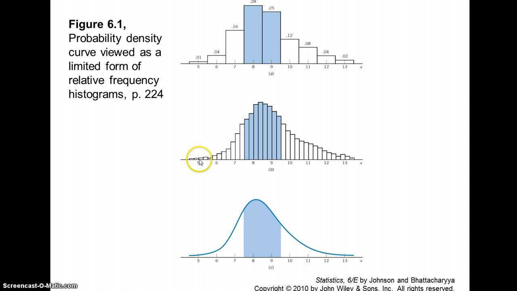If we make it smaller, if you look at here, it's maybe 4.75 to 5. That's one interval. And then 5 to 5.25, and 5.25 to 5.5, and 5.5 to 5.75, 5.75 to 6. So each interval is only 0.25, a quarter pound.